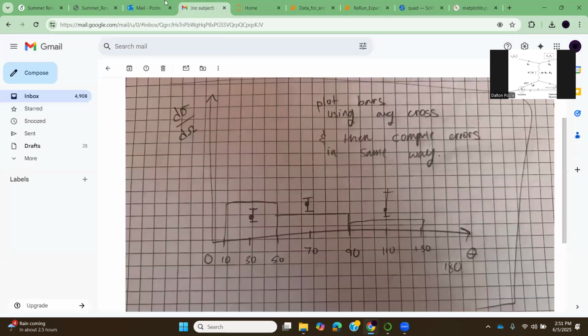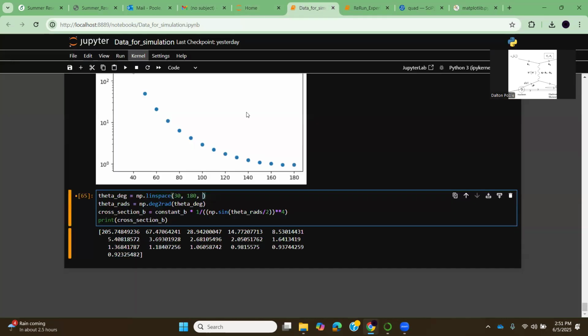I've got to find a way to fit my linspace to do that. Shoot. I think 4 should do it.